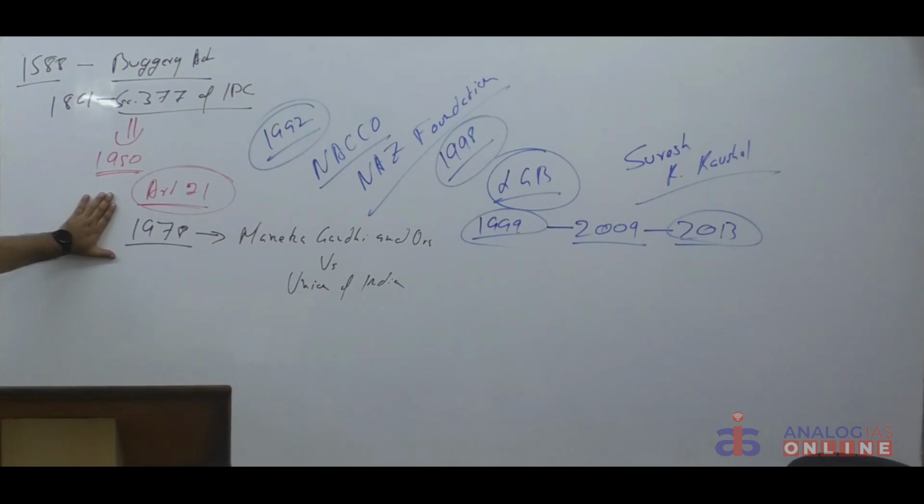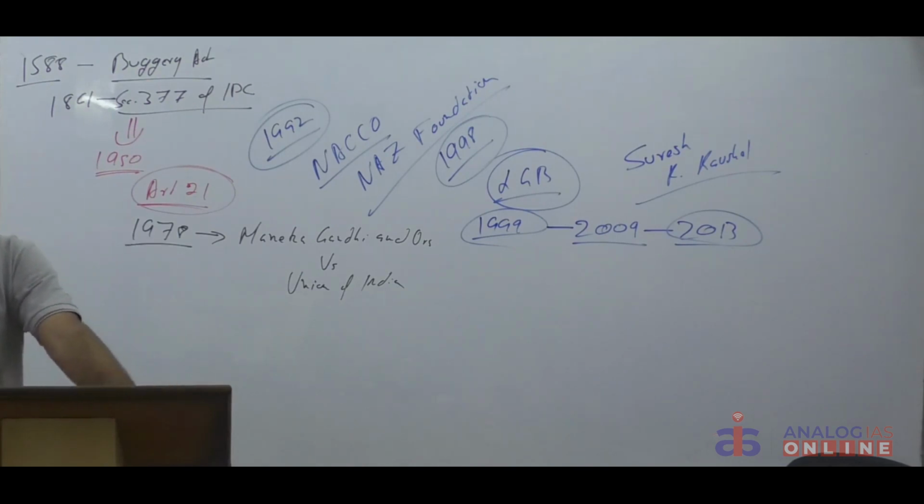Right? If the court starts making laws, what happens? The court interferes in the area of the legislature. This is called judicial overreach, where the judiciary goes beyond their area and starts interfering in the working of other institutions, which should not happen.